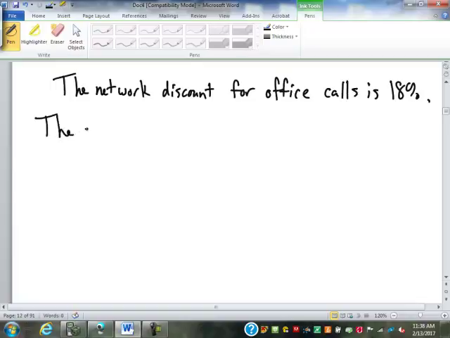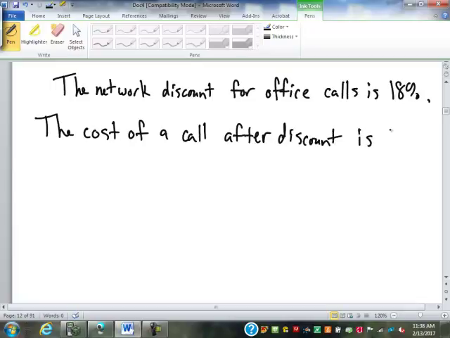If the cost of a call after discount is $246, what is the cost without the discount?